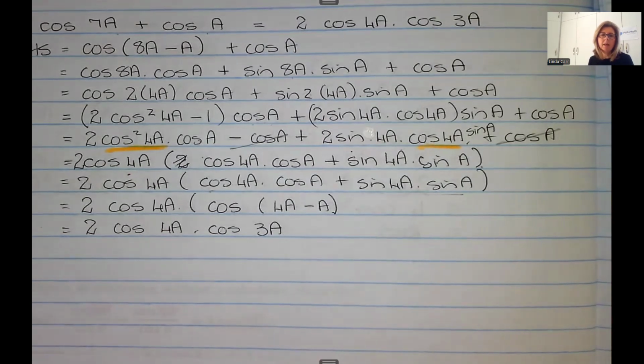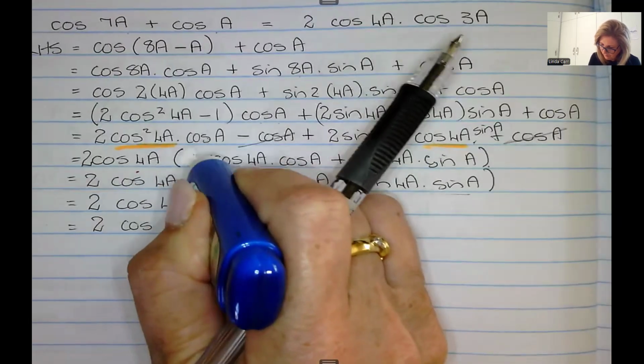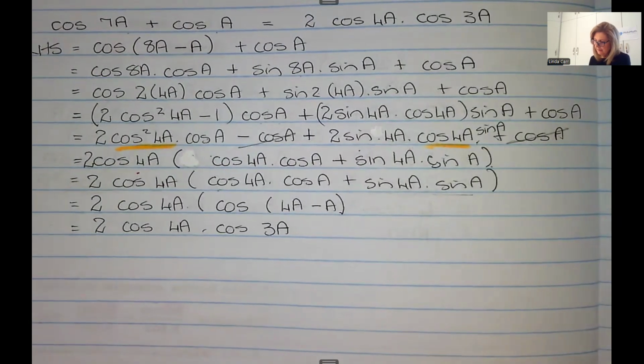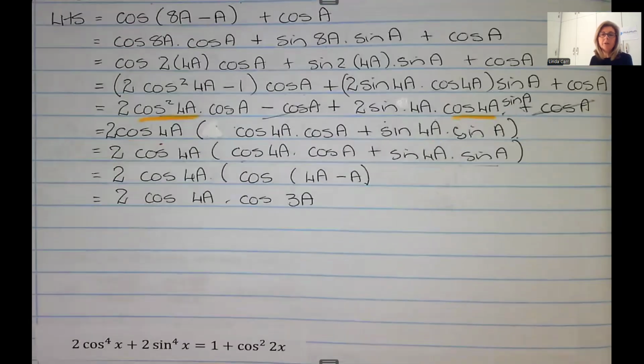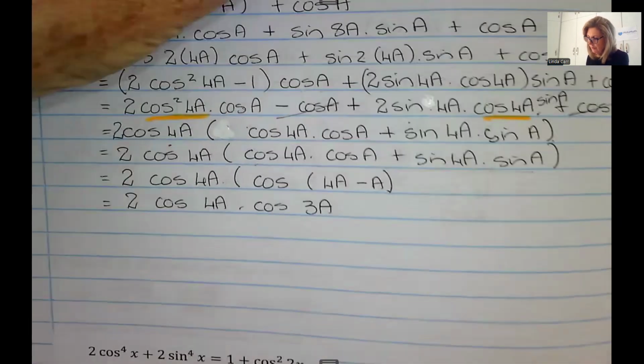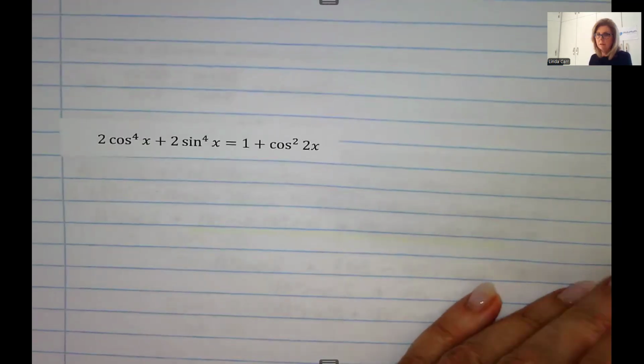Okay, and all we could take out was the cos 4a as our common factor. Okay. This is feeling a little bit long, I know, but I have one more to show you. So let's do this very last one, and then you can breathe.